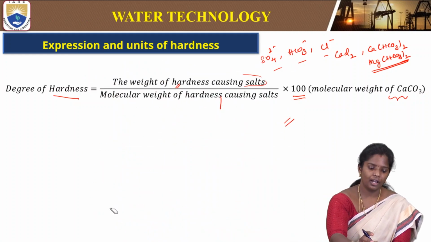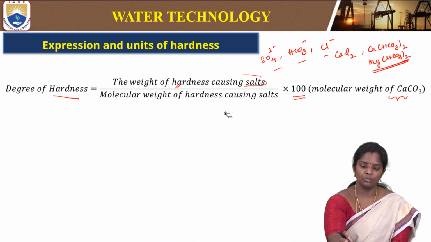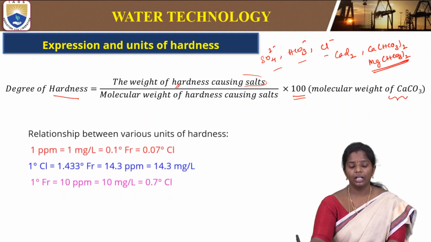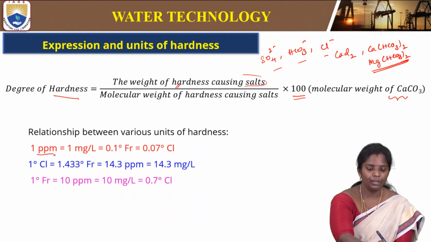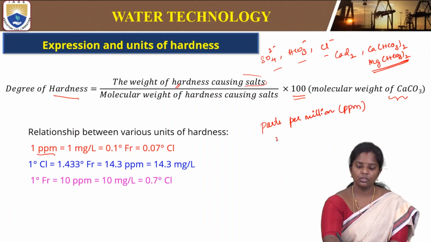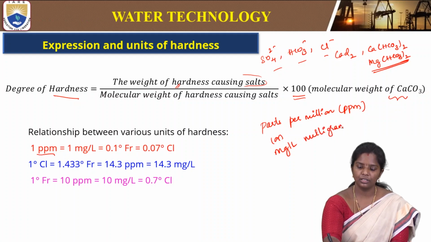We also have the units. What are the units for representing the hardness of water? We have ppm, parts per million, which is also known as mg per liter, milligrams per liter.